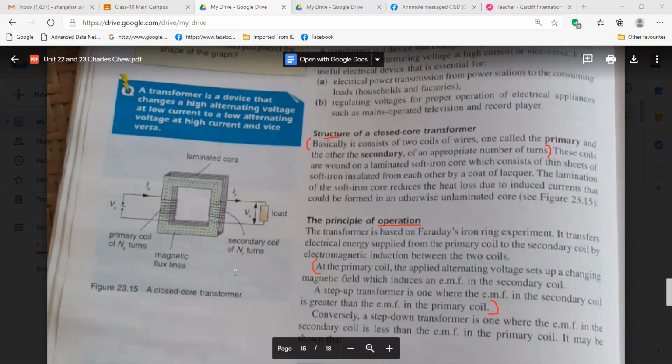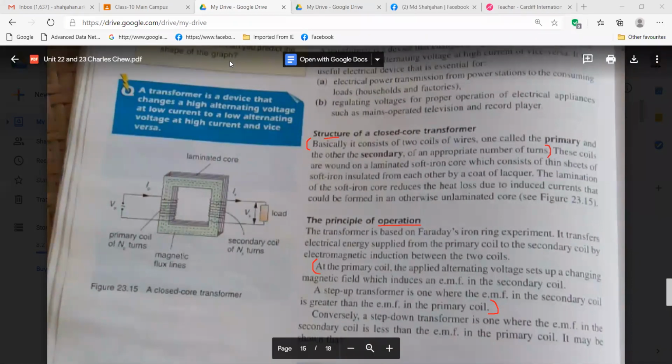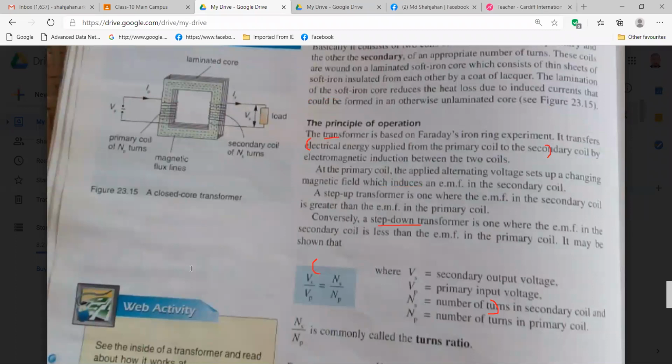So I told you one thing, that if the number of turns are more in the secondary, then we will get more voltage, or induced EMF, in the secondary. That can be understood easily from a formula. I'm showing you that formula now. You write this formula, and label what it is.